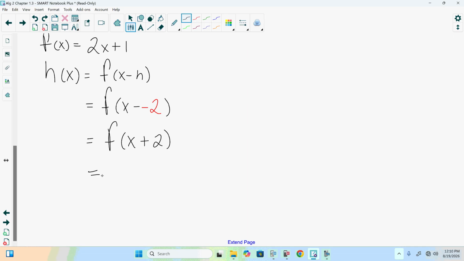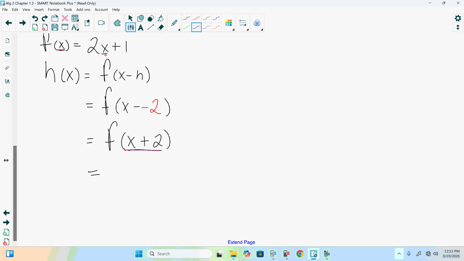Now, as we go to the next step, what we have is f of x plus 2. The original function told to us is f of x is 2x plus 1. Do I still have f of x? Not really. We have what? F of x plus 2, yes? We've replaced this x with this x plus 2.